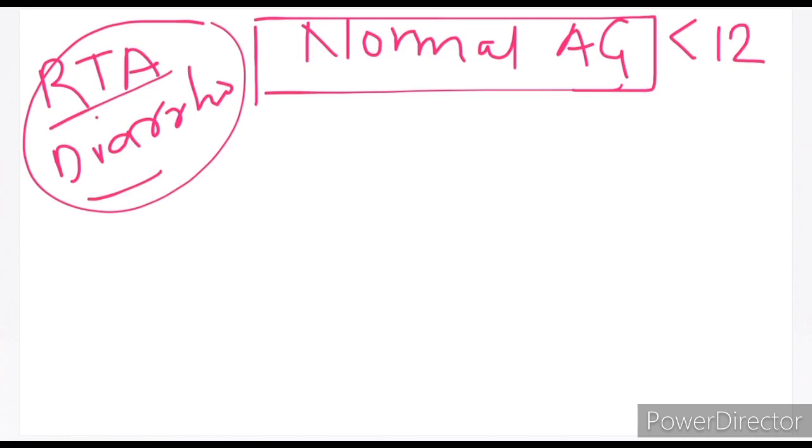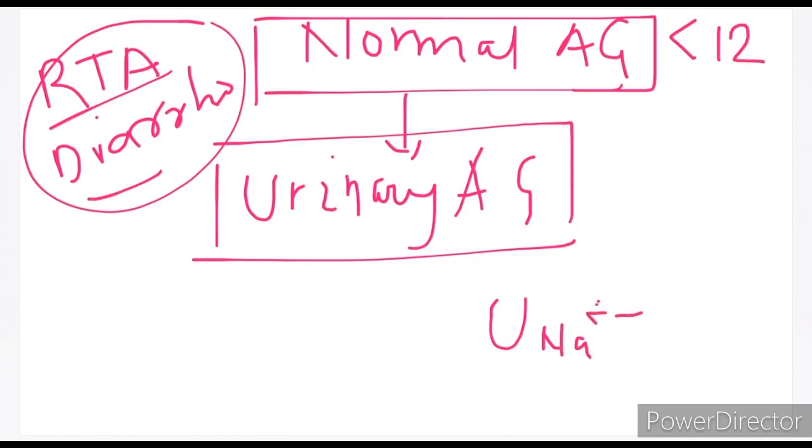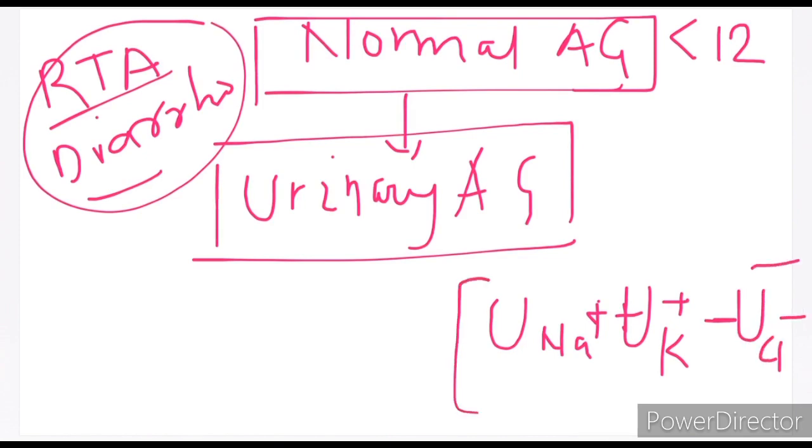For this we have to calculate urinary anion gap. The formula for urinary anion gap is urinary sodium plus urinary potassium minus urinary chloride.